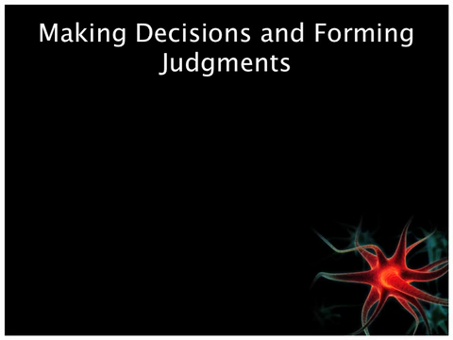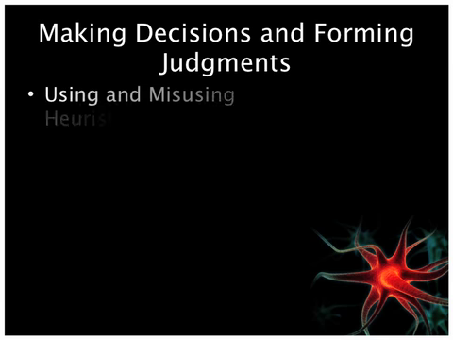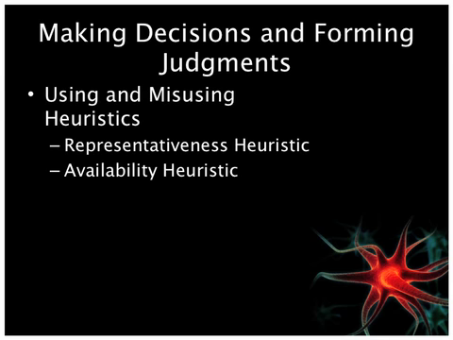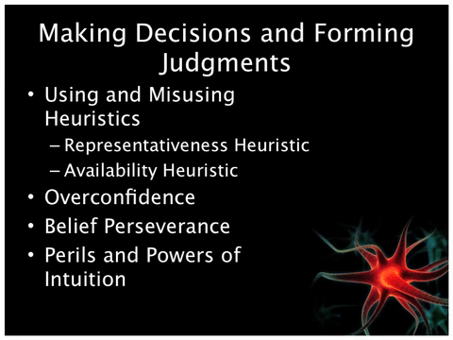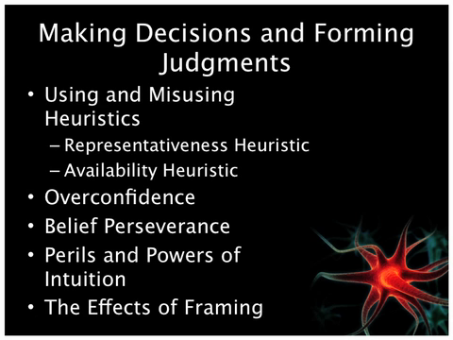Concerning making decisions and forming judgments, those heuristics have a lot of benefits, but also can be misused. And so just remember that mental shortcuts can sometimes be misused, but they are still somewhat helpful.